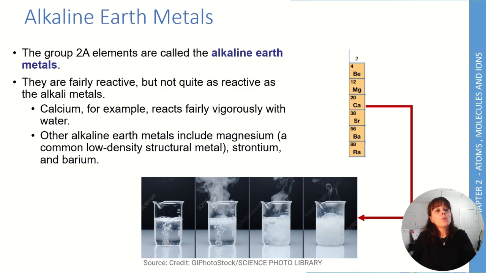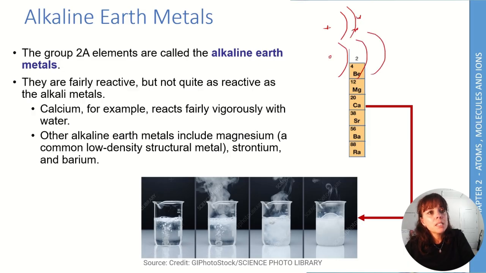Okay, so alkaline earth metals, they are very reactive as well, but not as much as the alkali metals, which is group 1. This is group 2. All those elements have only 2 valence electrons in the last shell. So like magnesium, calcium, they have 2 valence electrons, and they also need to lose those electrons to be stable.